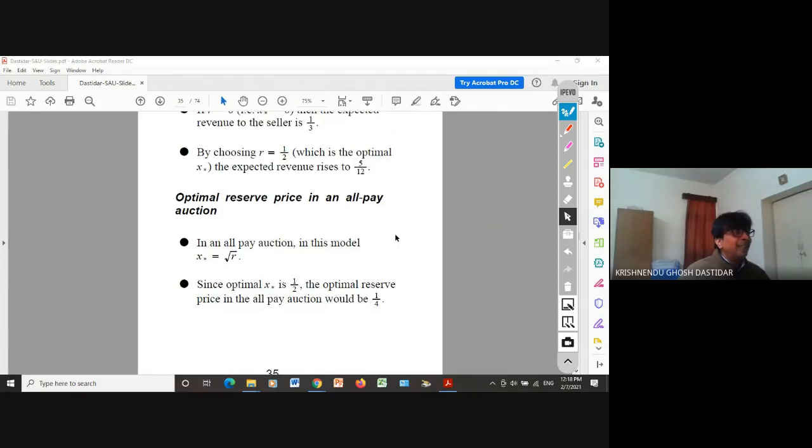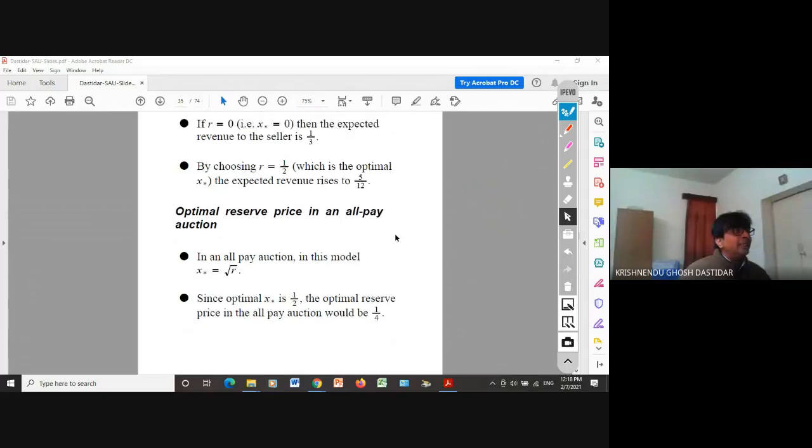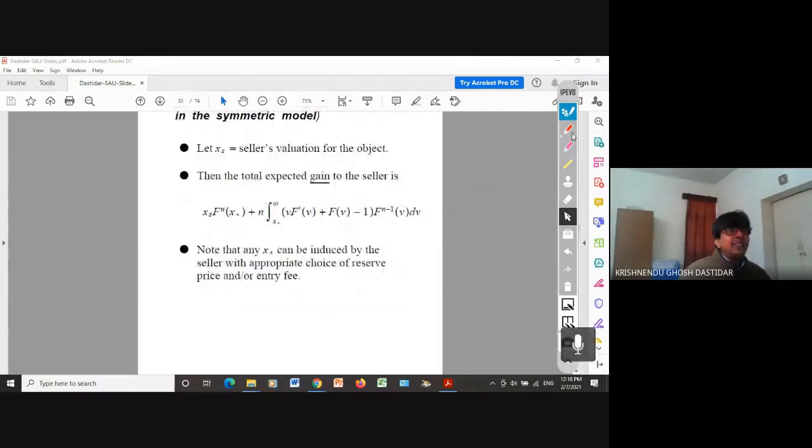So notice that this x star is important. Given an auction, R can induce different x stars in different auctions. But as long as the x star is the same, the expected revenue, which is this part, is the same across auctions. That's the fundamental result.